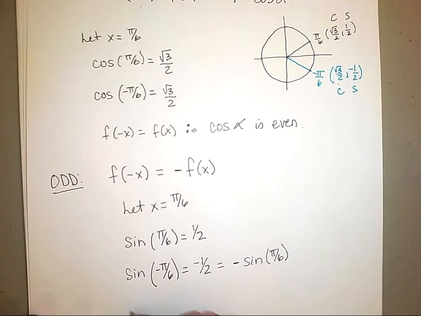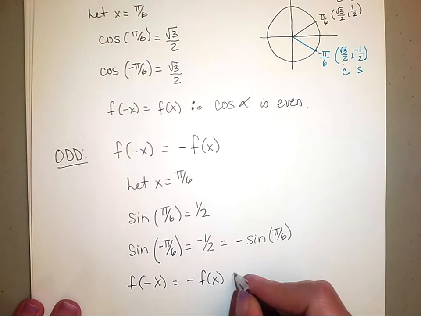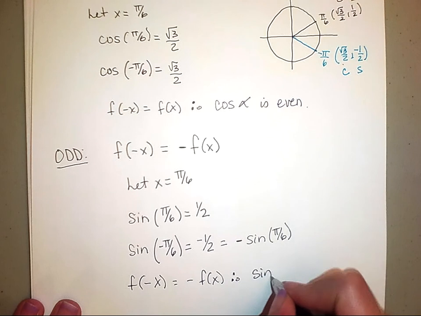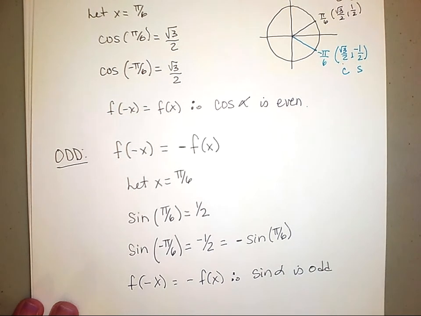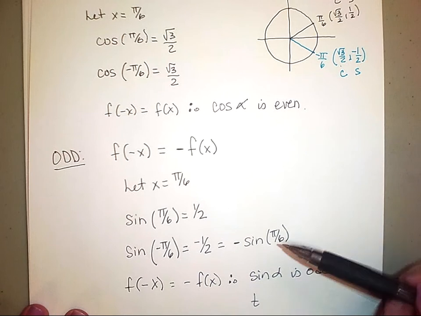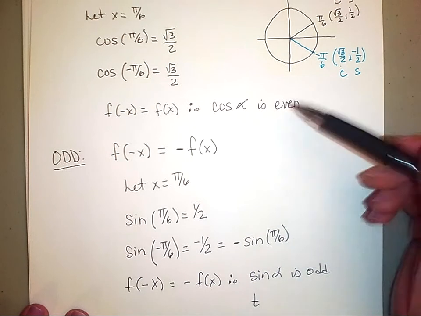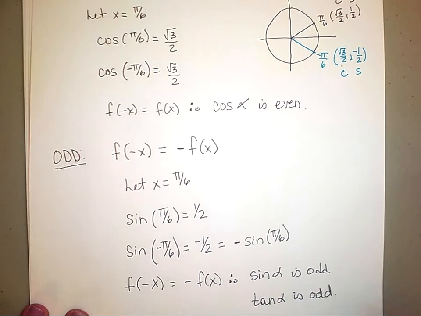Then we can say f of negative x is equal to negative f of x, and therefore sine of x, alpha, is odd. And as a direct result, because tangent is sine over cosine, we have odd over even. We'll also get that tangent is odd. So that'll be helpful for us when we're simplifying things.